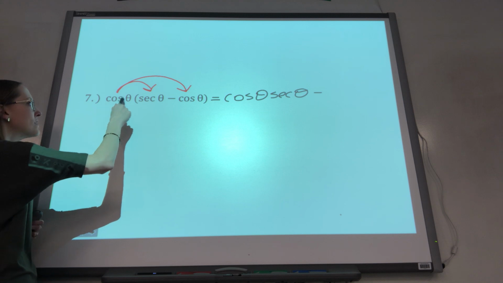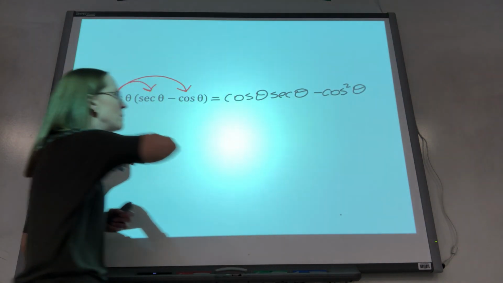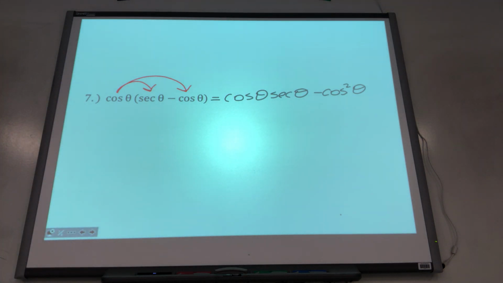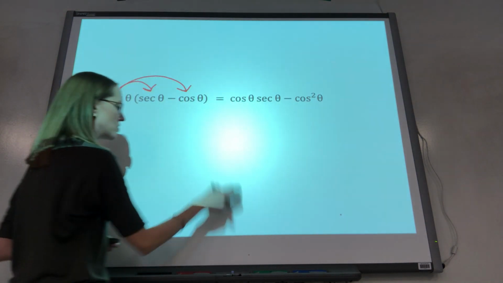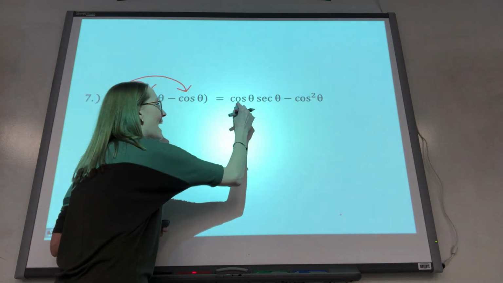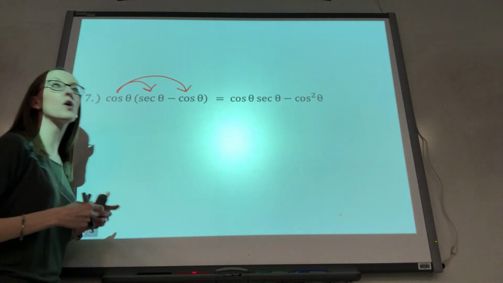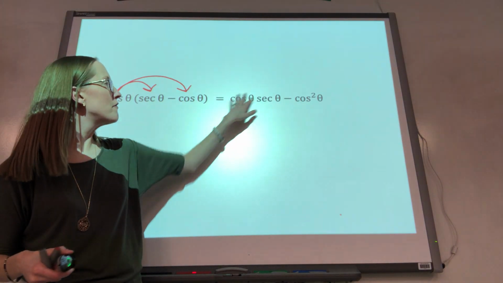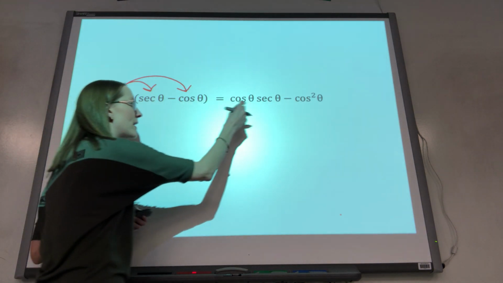Now when you take cosine of theta times cosine of theta, you could just write that as cosine squared of theta. Now again, we're not done until we get down to a single trig function or a single number. But why don't we go ahead and do what I mentioned earlier, use a reciprocal identity to simplify this first part. Now, there's 2 different ways you could do it.